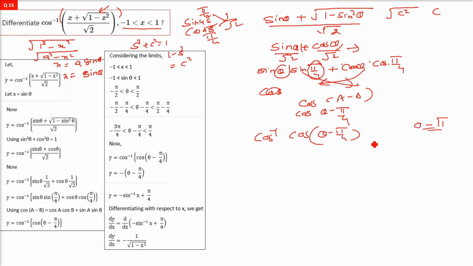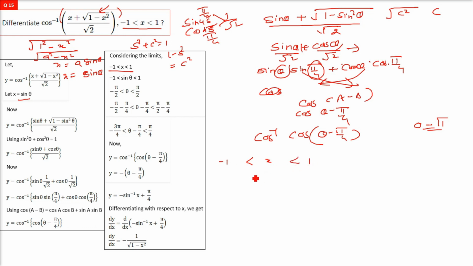So what to do? You will see in this question, if you don't consider negative 1 to 1, what will be the problem that is going to arise? Because you will not get the proper solution here. Because, see, minus 1 and 1, this is where the x should be inside. Minus 1, 1 not included, please remember.